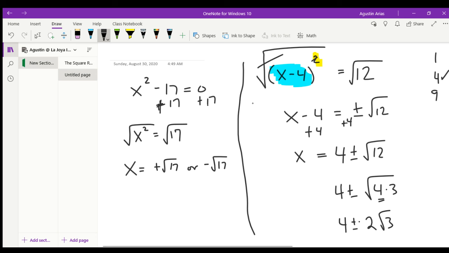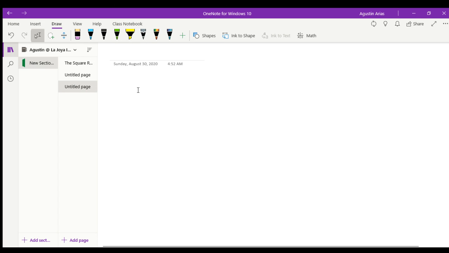Okay, so for example, let's try another one. Let's say 5x minus 3, all squared, equals negative 3. So again, on the left side is something squared.